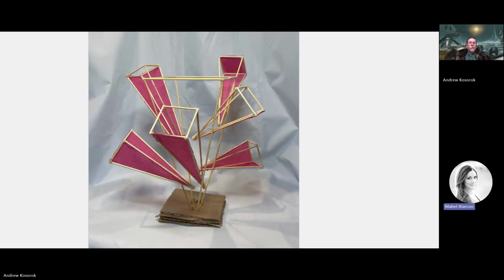And I do think that it could have been even better with the points that you mentioned about the base. Trying to hide that in a way would have been really nice. It would have given a little bit more focus to the upper structure rather than the bottom.